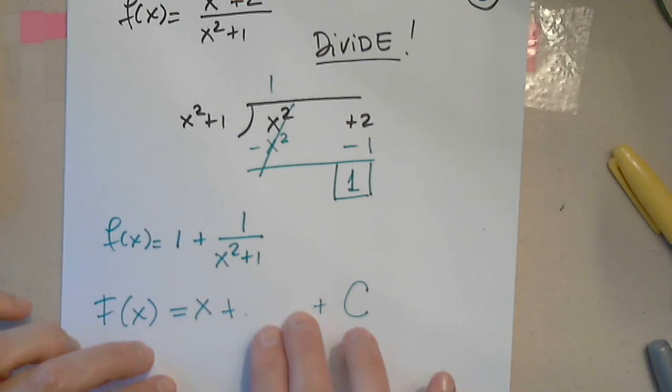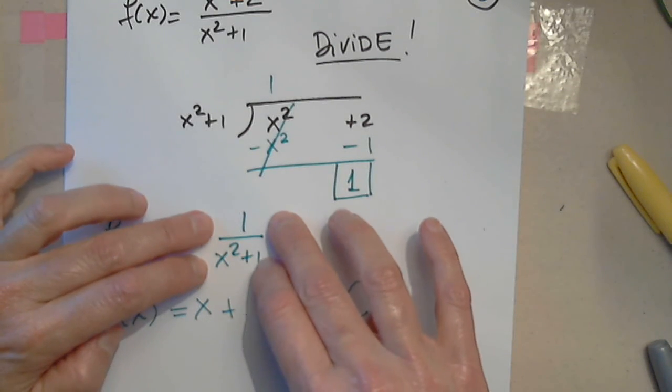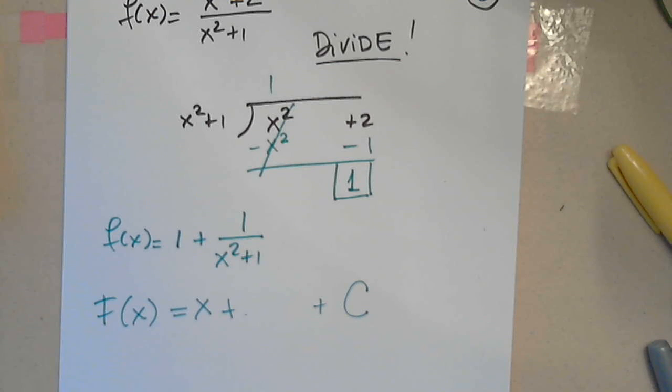Anyone remembers what we differentiate to get this? Arctangent? Excellent. Arctangent.